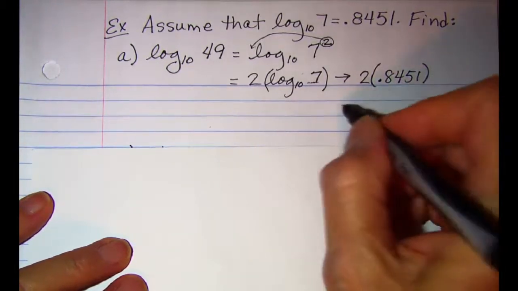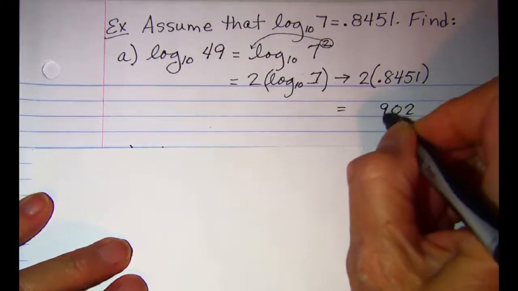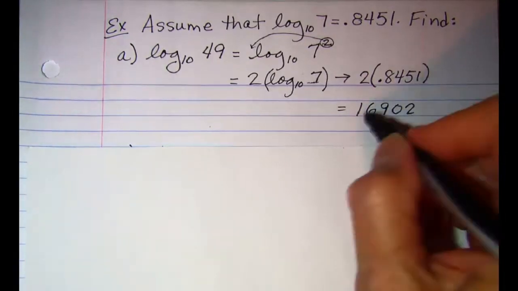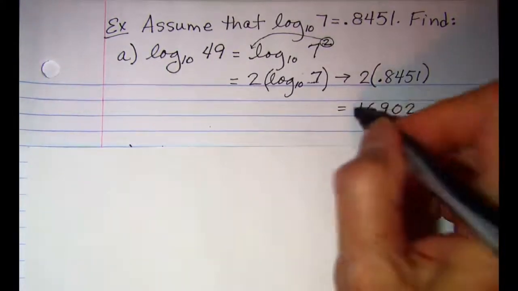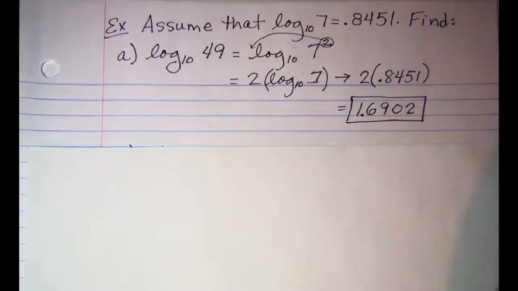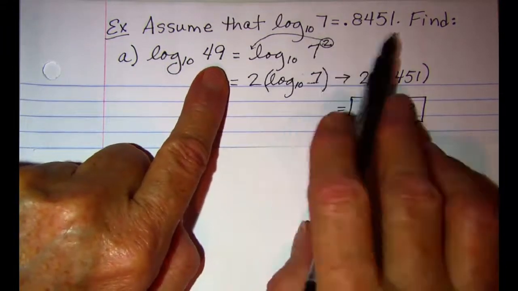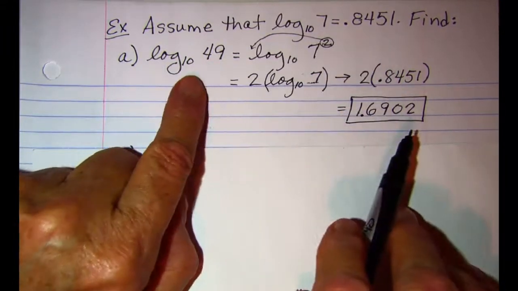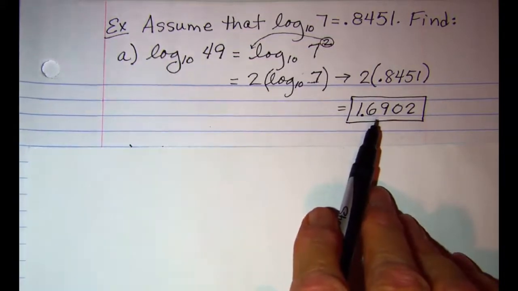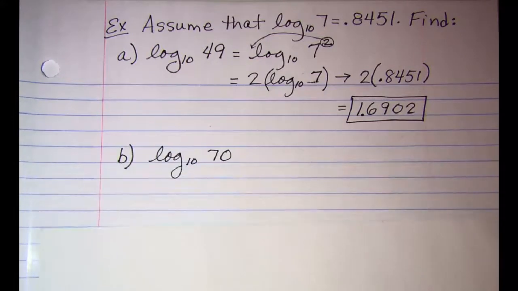This product then is, so the log of 49, given this information, the log of 49 with base of 10 is 1.6902. Let's try another one with the same directions.